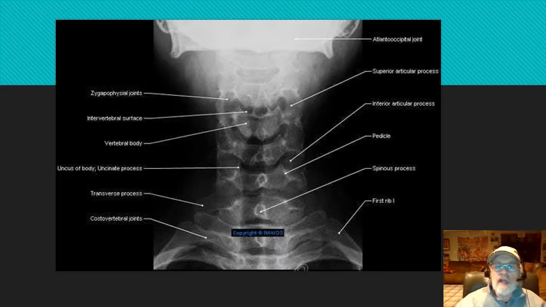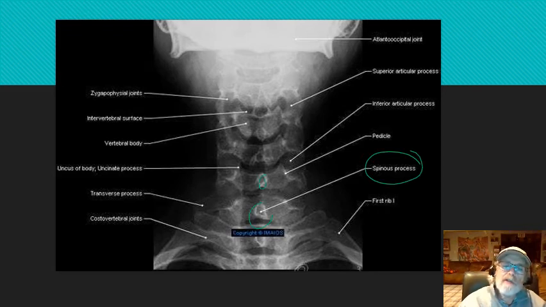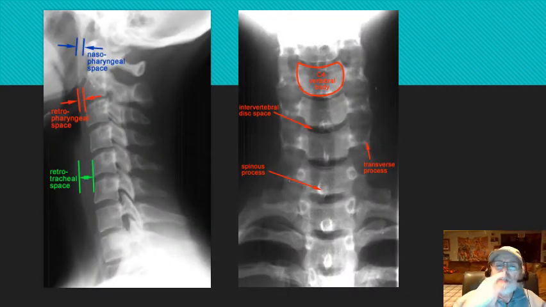This is just looking at it from an anterior-posterior direction. Here's the spinous process. You can see where that goes. Pedicle, you can see where the disc would be in between. Let's see, what else do we see? Vertebral body, not a whole lot here. Again, here's the same vertebrae, same thing we've seen before.